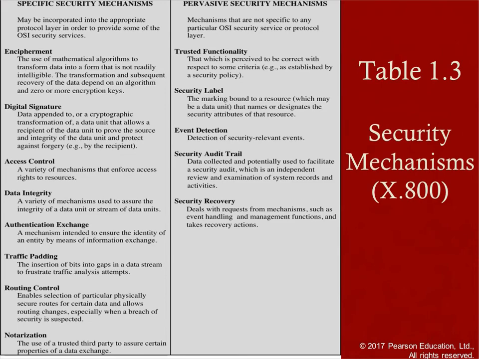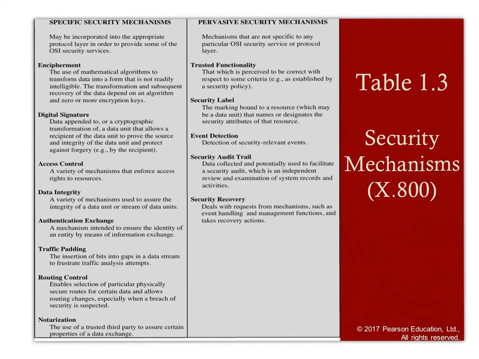For security mechanisms, we talked about security services. We talked about confidentiality, non-repudiation, and so on. These are services. Here, these are mechanisms, and the service can use one or more of these mechanisms to achieve its objective, to provide the security service.